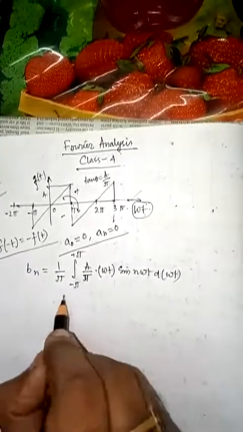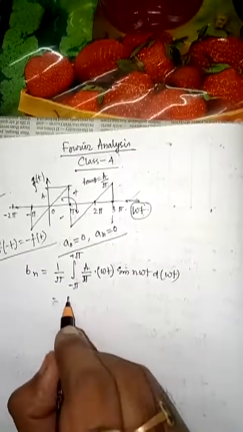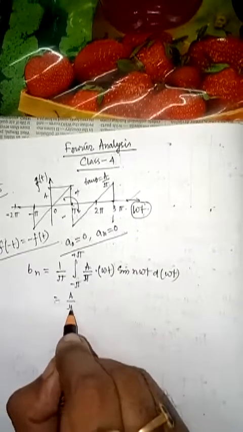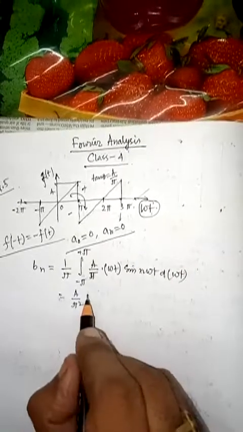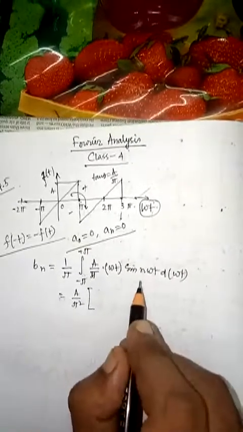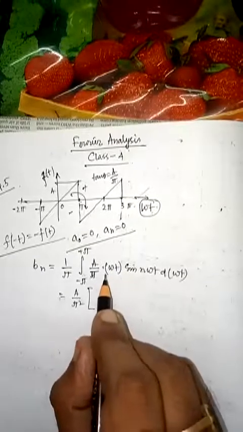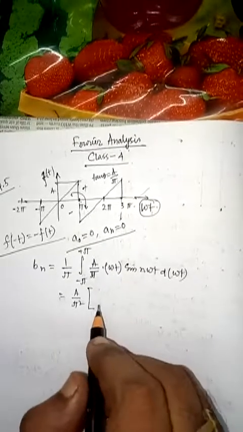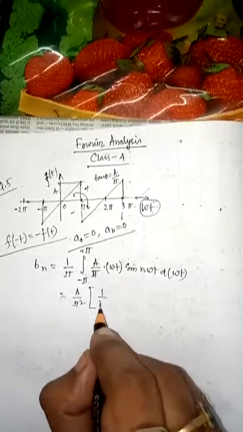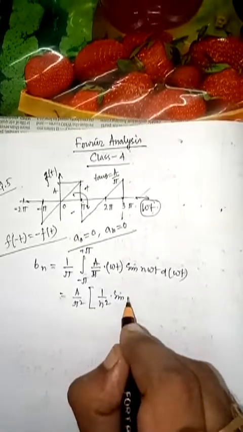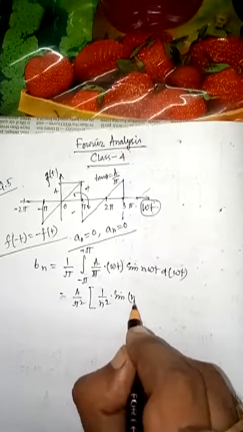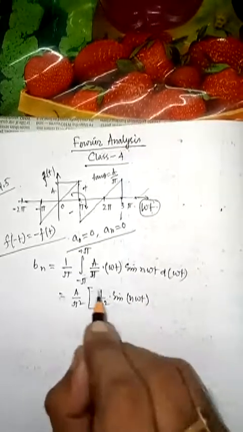If you are taking this by parts, it should be a by pi square, and inside the bracket, taking omega t as the integral, it should be 1 by n square into sine of n omega t for one part.